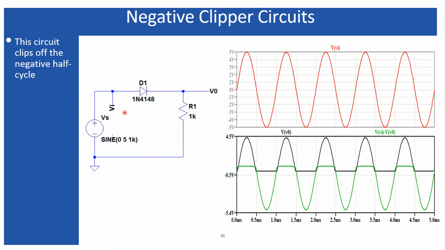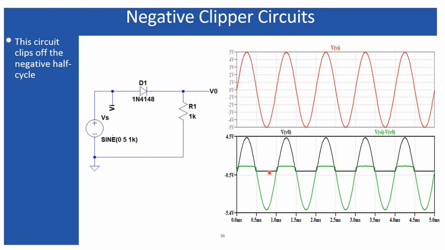Look, this is the circuit. This is the negative clipper. First of all, I'm considering a negative clipper, which clips off the negative half cycle. This is the input sinusoidal signal. The black one represents V naught, the voltage across the load resistance, and the negative half cycle is absent across the load resistance.